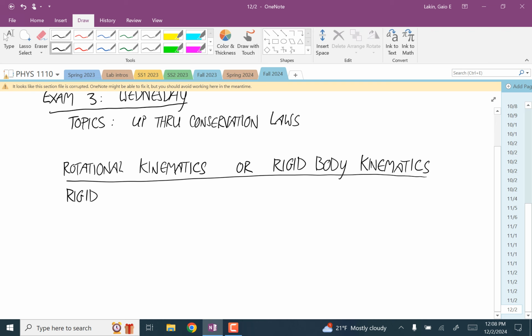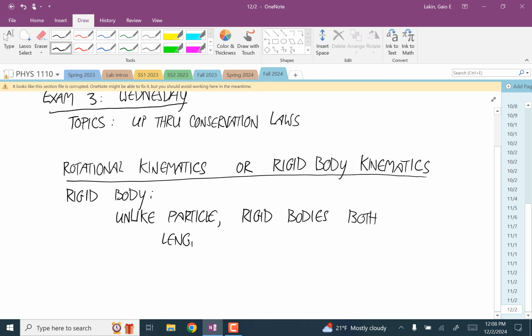For a rigid body, this is the way that it's different from a particle. Unlike particles, rigid bodies have both length dimensions and orientations.